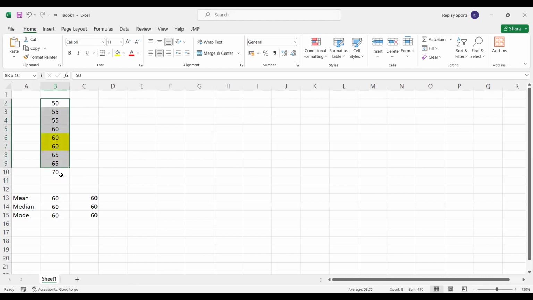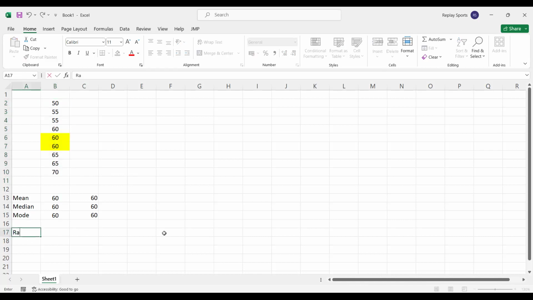Now we're talking about range. Range is maximum minus minimum. What is maximum? 70. What is minimum? 50. So range is 20. It tells you, from maximum to minimum, what the range is.